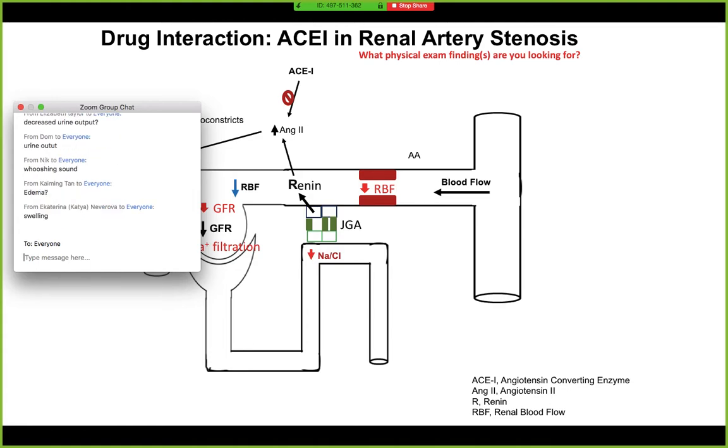Yes, yeah. So Nick's on to something. What about when you're using your stethoscope? What are you going to hear when you listen? Bruits. Yeah, bruits, exactly. That's what I'm getting at. So a lot of times in question stems, they'll talk about the patient having renal artery bruits, and they're hinting at renal artery stenosis. So that's kind of a tip off for that.